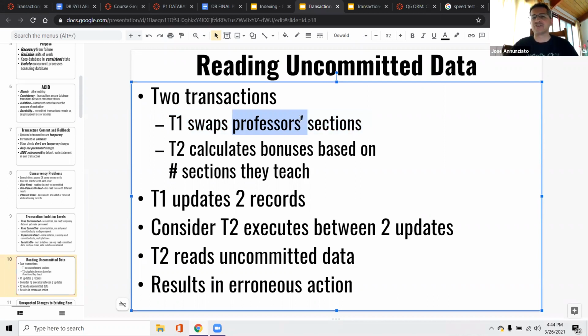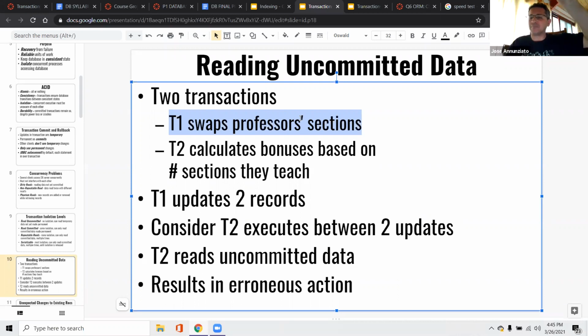One of them is running an algorithm that is swapping two professors, right? You have Einstein and you have Brando, and you want to swap them. One is teaching drama, the other one is teaching physics, and now they want to teach each other's courses.